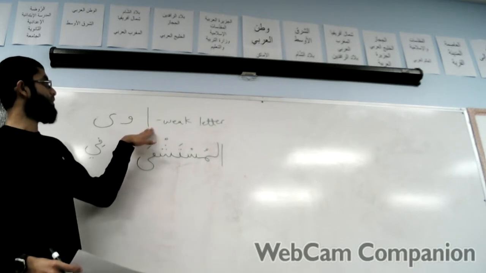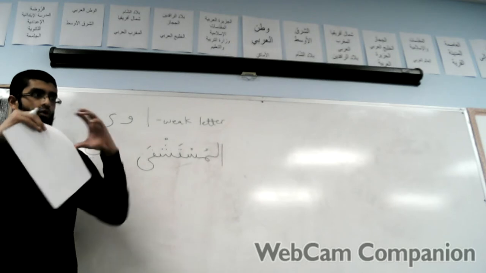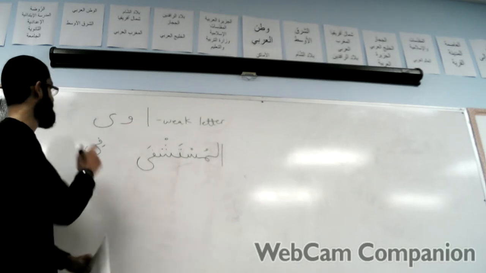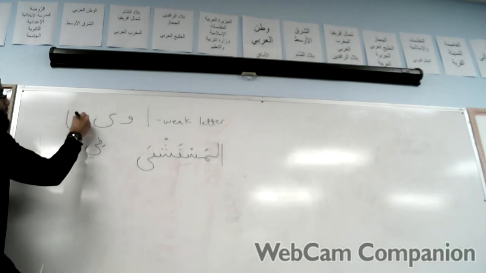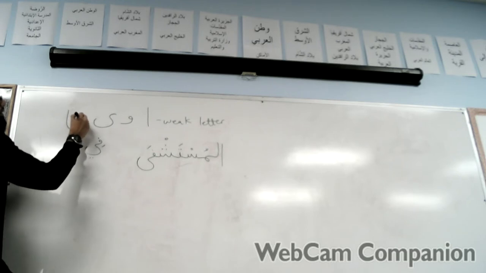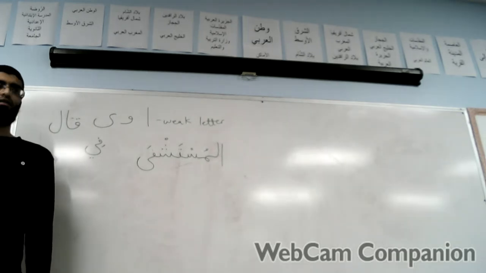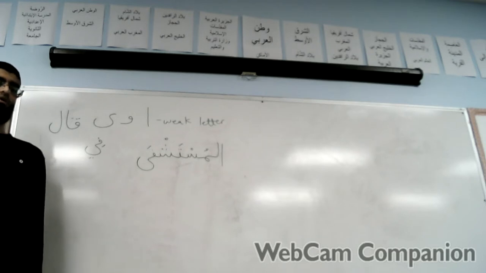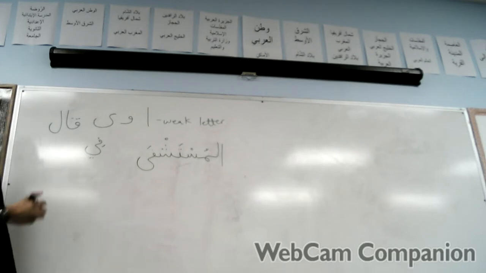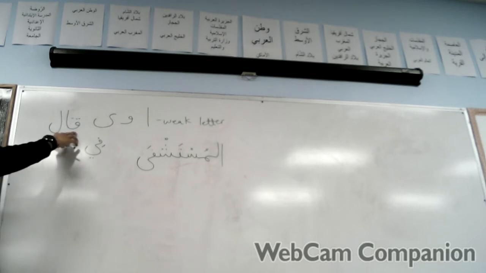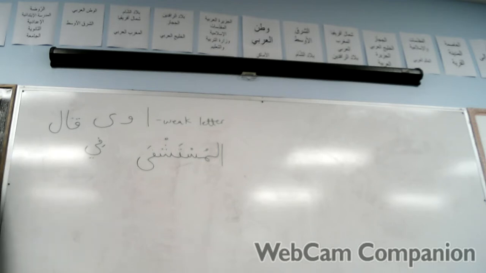It's an alif in one format, and then it's a waw in another. Like, what does the verb qala mean? He said, like qala Allahu or qala Rasulullah sallallahu alaihi wasallam. So that's a verb. What are the three letters? Qaf, alif, and lam. But really, it's not an alif.